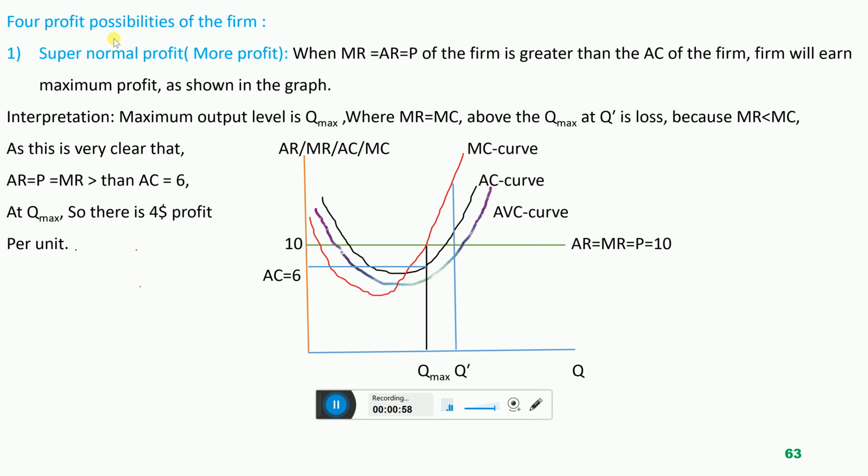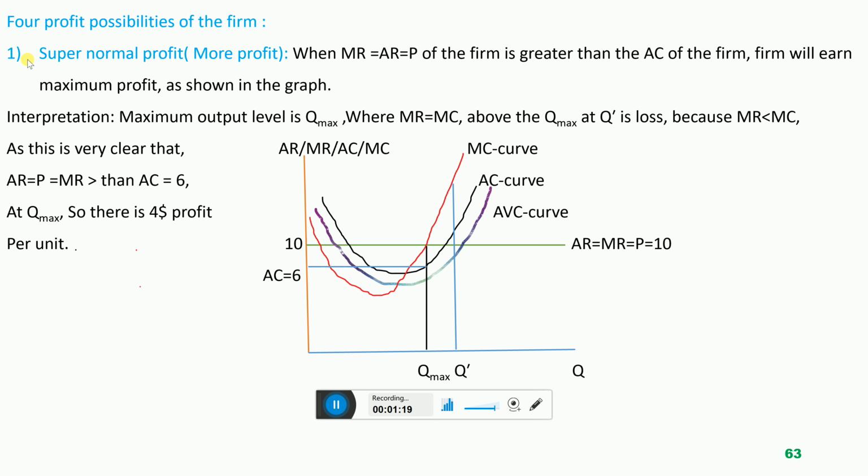So we are starting from equilibrium by graph, and we will study the four different situations of the company using graph. Four profit possibilities of the firm.